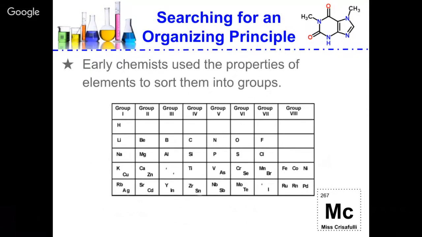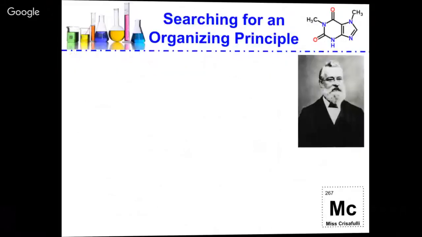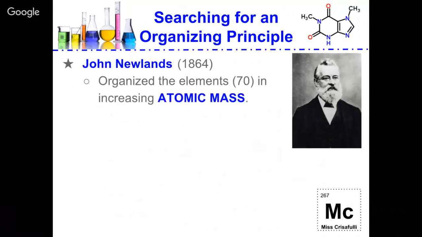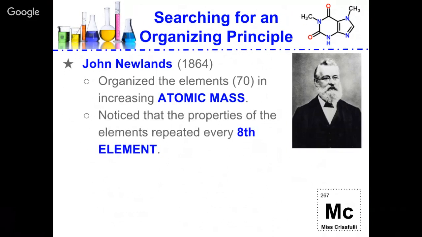So early chemists used the properties of the elements to sort them into groups. This is a chart that shows how the original elements were sorted into different groups. John Newlands in 1864 organized the 70 elements in increasing atomic mass. He noticed that the properties of the elements repeated every 8th element.